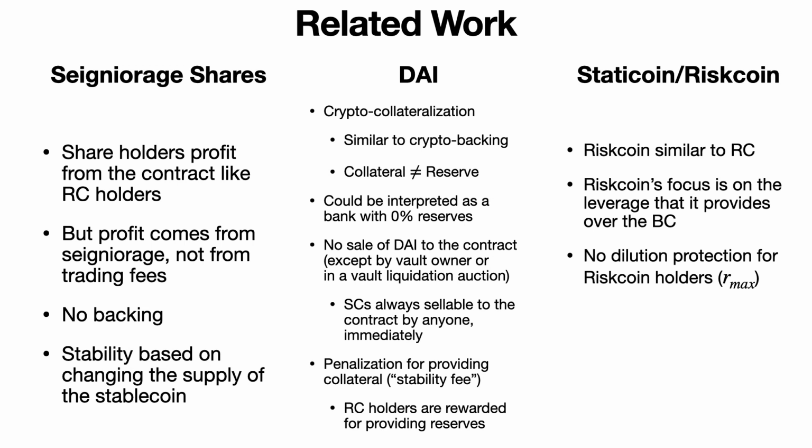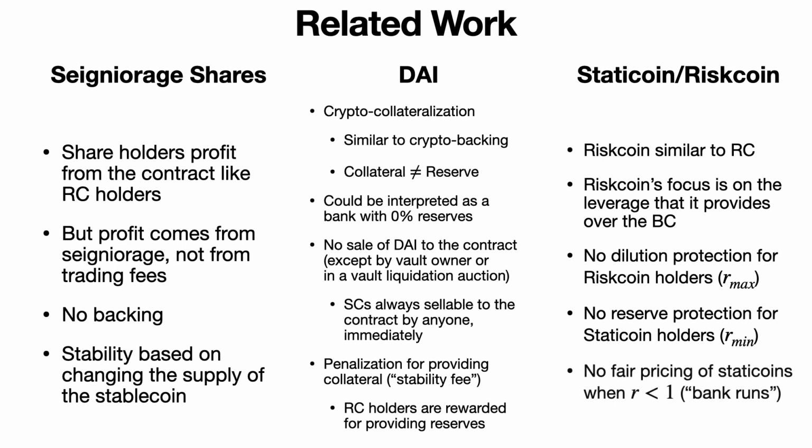With static coin and risk coin, there's no dilution protection for risk coin holders, so there's no maximum reserve ratio. And there's no reserve protection for static coin holders, so there's no minimum reserve ratio. And there's no fair pricing of static coins when the reserve ratio falls below 1.